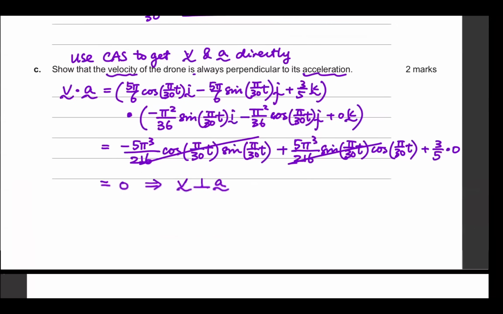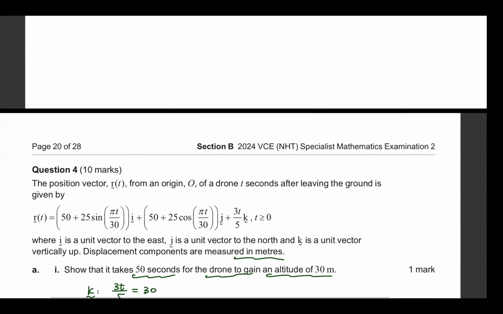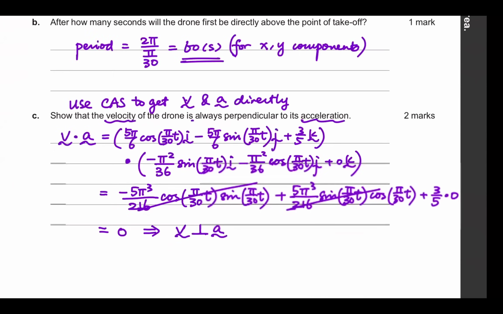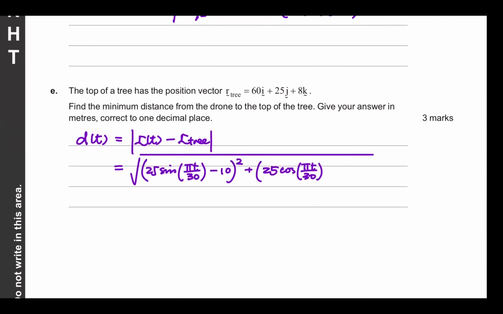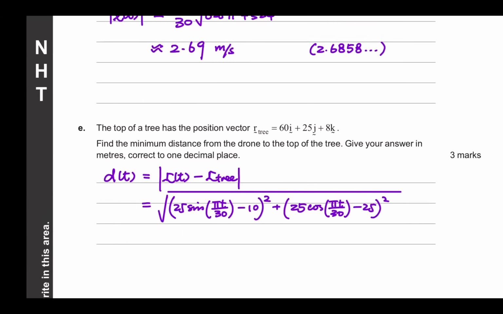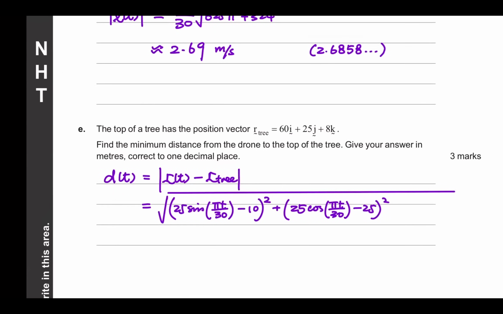This next term is 25 cosine plus 50 minus 25, something like that. Then the last term is a linear function squared, 3t over 5 minus 8, whole thing squared.